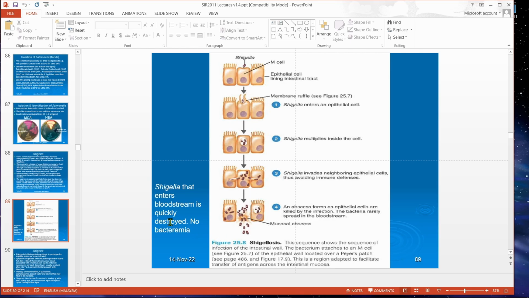Different from Salmonella typhi, it doesn't enter the bloodstream. Okay, so it doesn't cause bacteremia. Okay, because Shigella that enters the bloodstream is quickly killed.